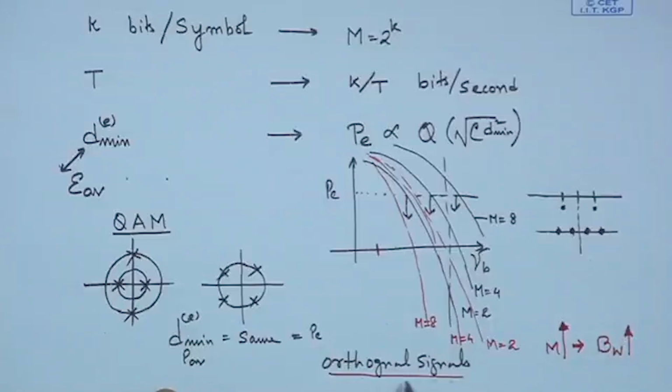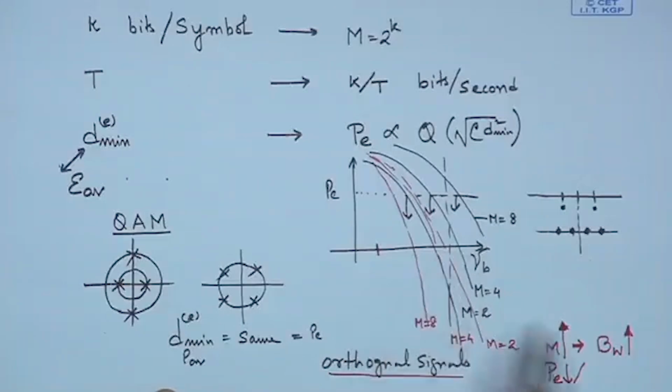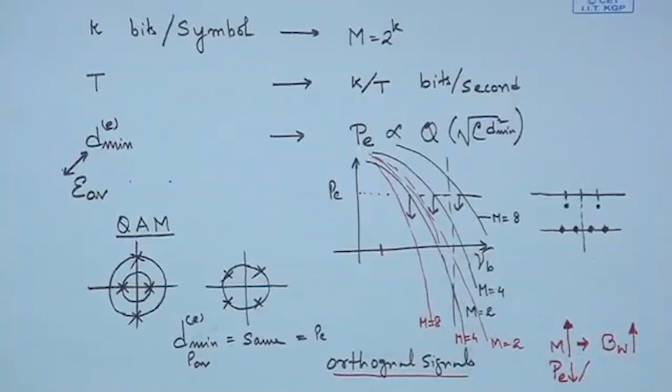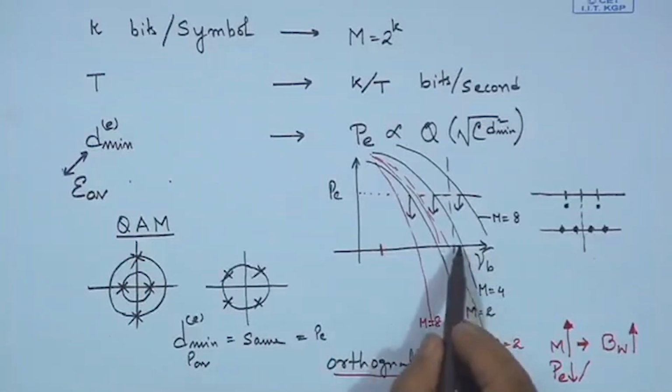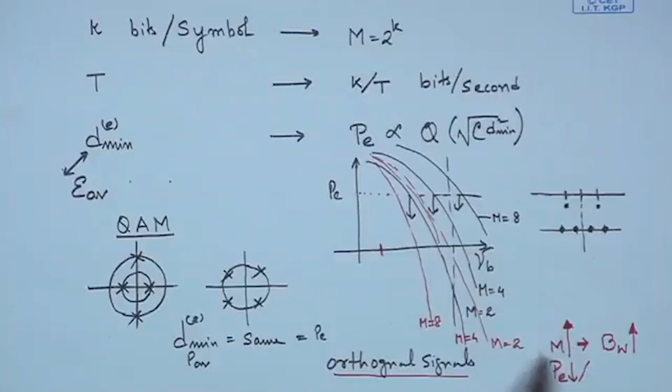So, in one case, if we have to keep the probability of error constant while we keep increasing m, we need not spend extra energy, extra power, we can simply keep on increasing the bandwidth. Whereas, in the other case, if we have to increase the constellation size, that means increase the bit rate, we have to spend more power.